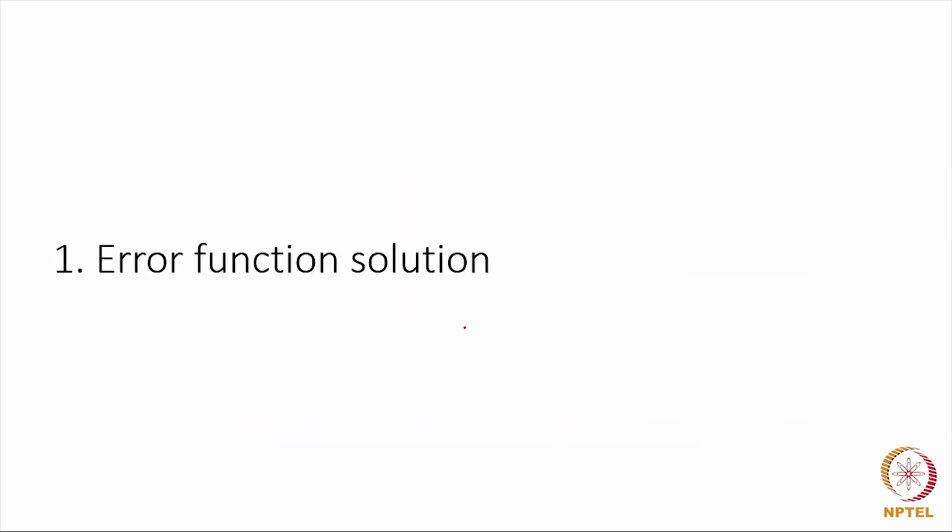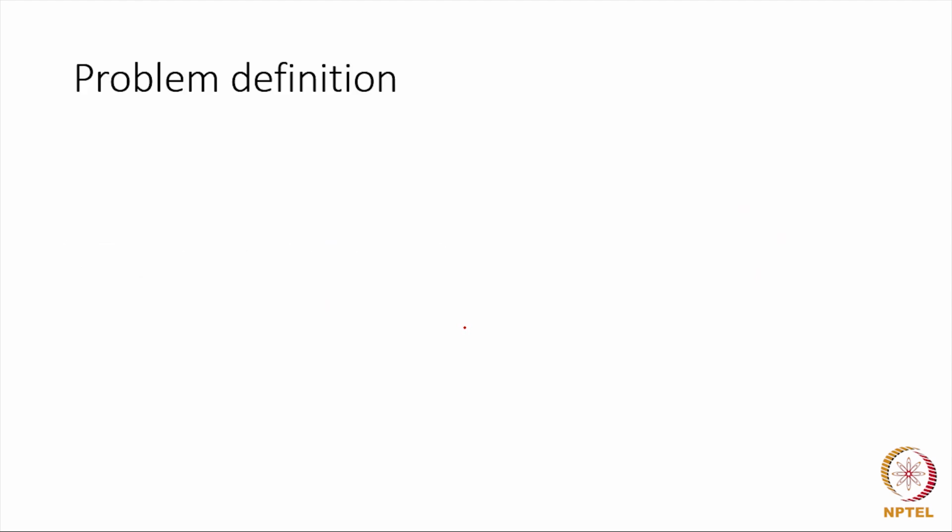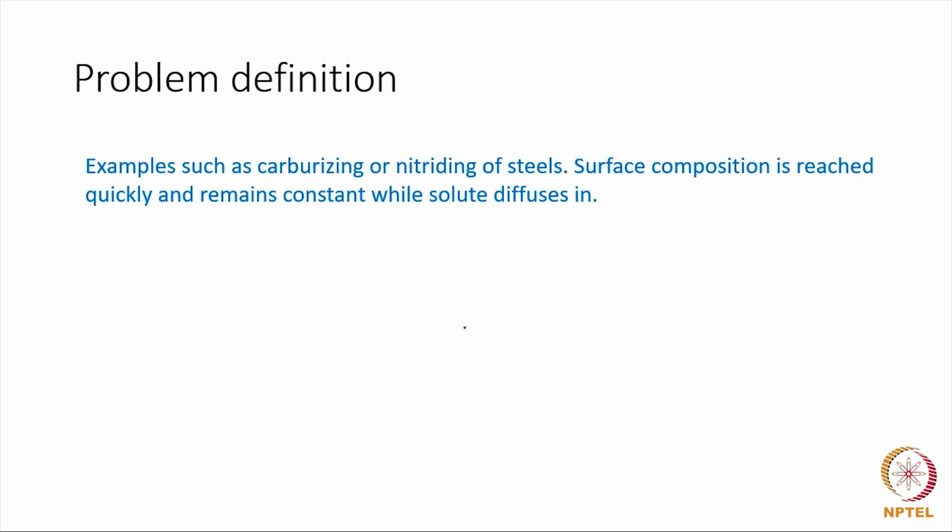So the very first set of solutions we are looking at come under the category called error function solutions. The problem definition that is suitable to make the error function solution applicable for our governing equation is as follows. Examples in metallurgy, such as carburizing or nitriding of steels, are good examples for the error function solution to be applicable.